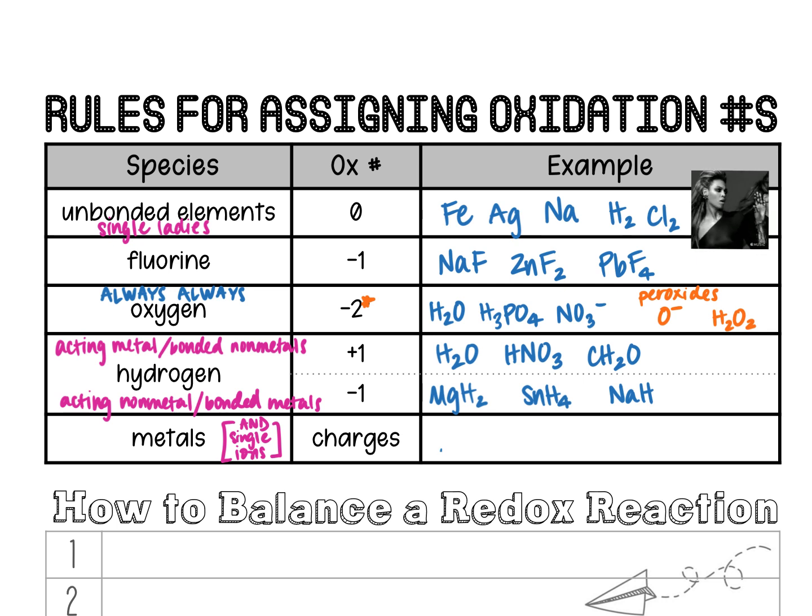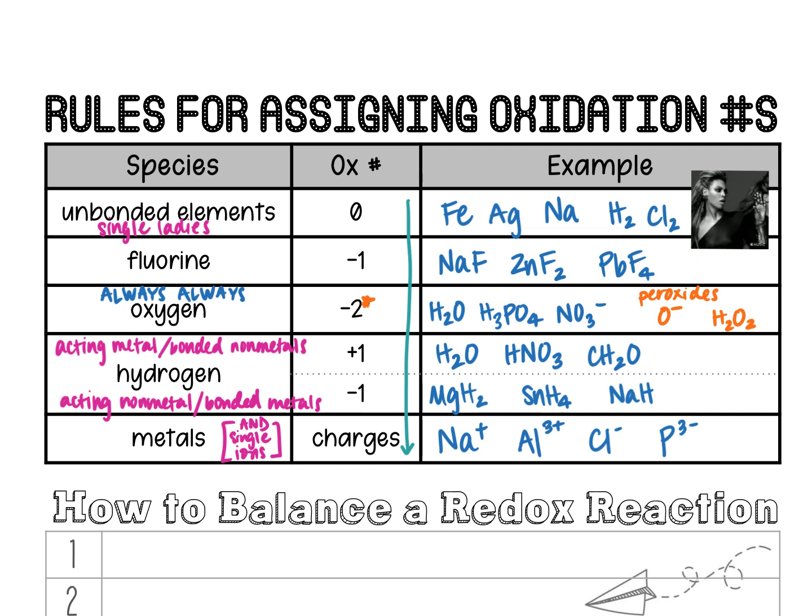So we've got sodium has a +1, aluminum has a +3, chlorine has a -1, and phosphorus has a 3- charge. When assigning oxidation numbers, we always start from the top of the list and work our way down. All right, so I've put together a few examples.